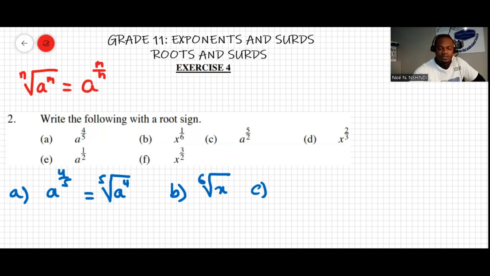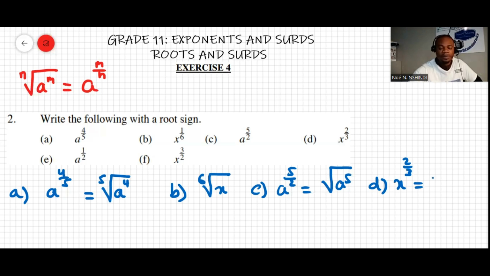C, there I have a to the power of 5 over 2. Over here, I can just write the square root symbol, and then a to the power of 5. And I don't need to write the index 2 there, because the root symbol without any index indicates that it is a square root. D, x to the power of 2 over 3.